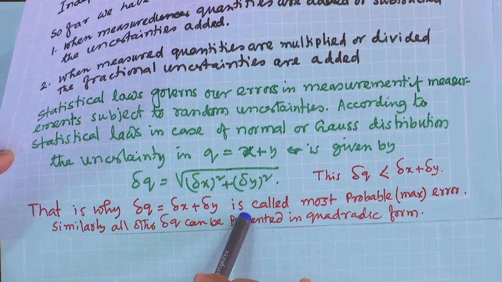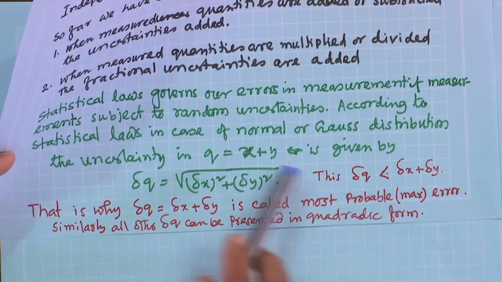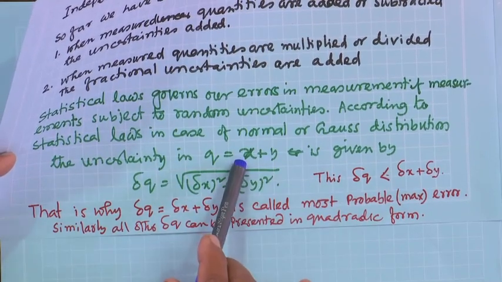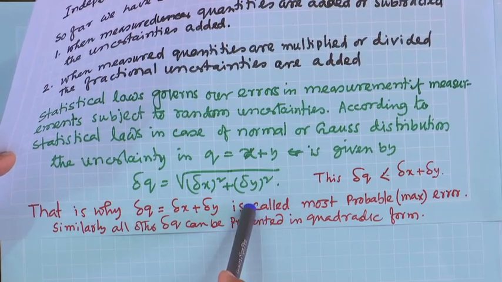In our laboratory, basically, we will find out the most probable error, because of the way we are finding out and taking the error on the physical quantity.